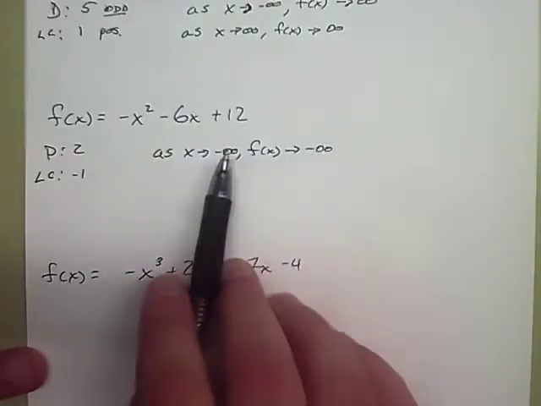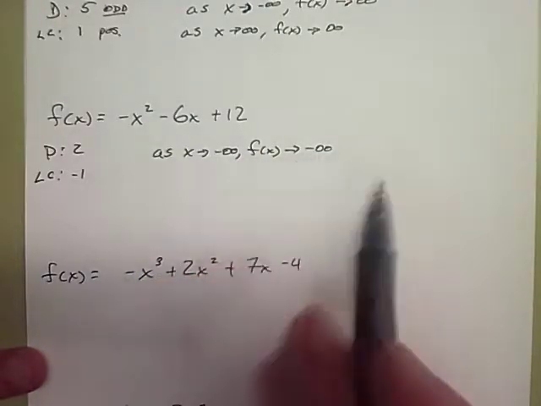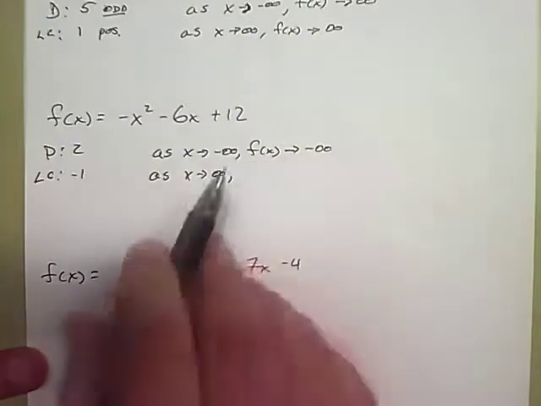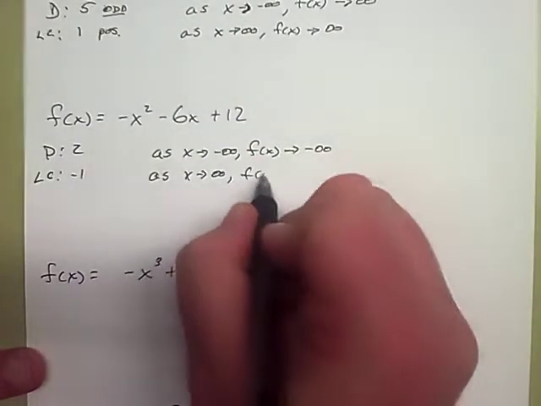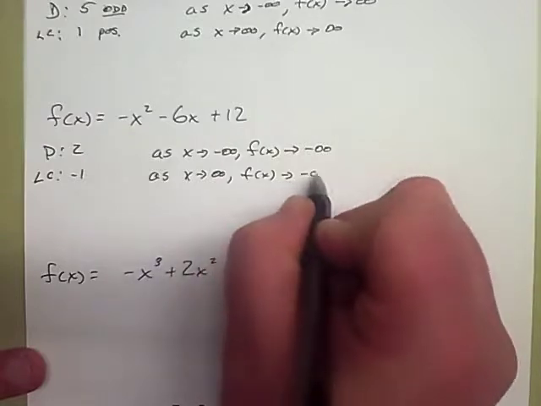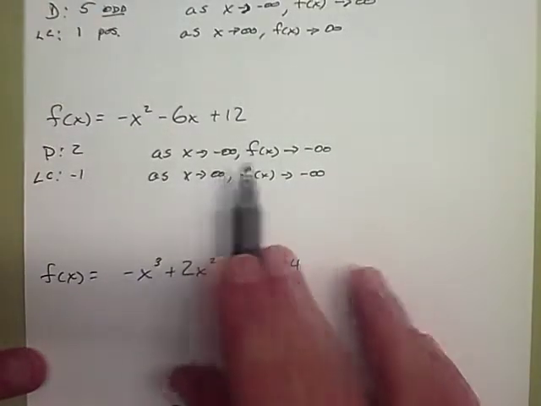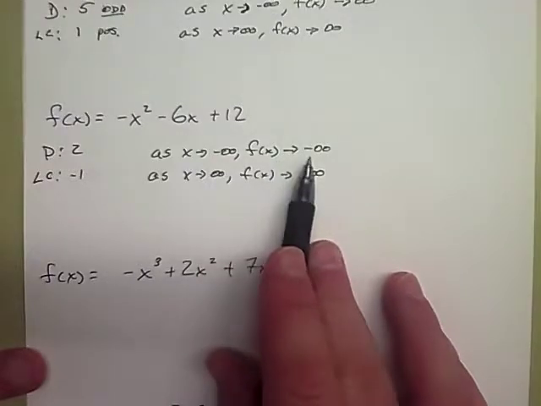Both arrows are pointed down. The left arrow is pointed down. And then as x approaches positive infinity, the right arrow is also pointed down. Right? So as x approaches negative infinity to the left, f of x, my y values, are going to negative infinity. They're both pointed down.